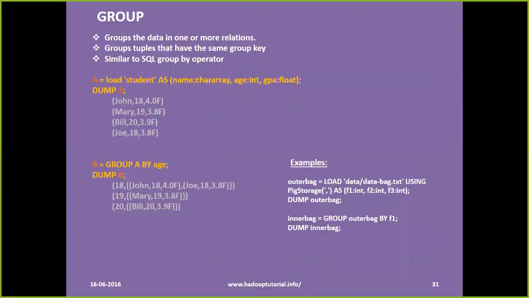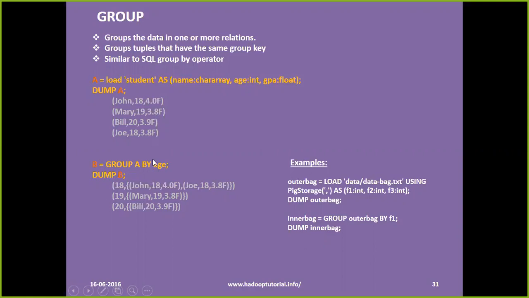Let me explain this syntax. I loaded this file. In this I have only the student names, age and GPA, so three fields. I have loaded them. So GROUP A, this relation, by age.